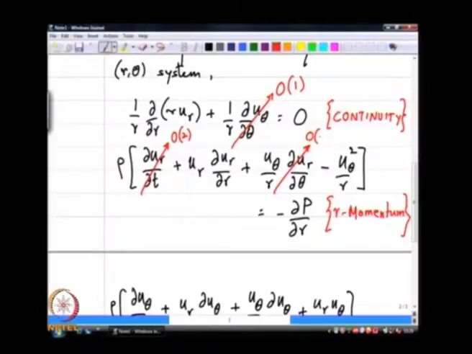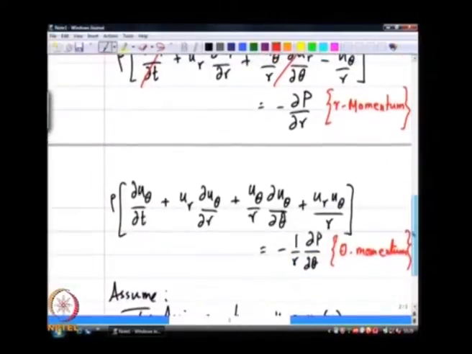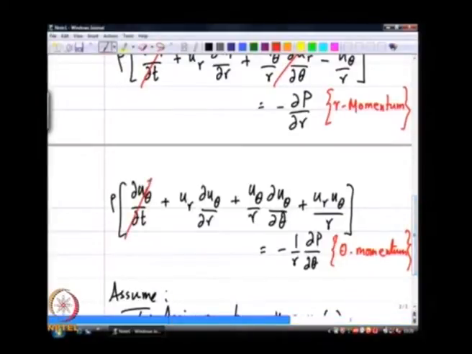Again, this is due to axis symmetry. This is due to the transient nature not being present. This is due to axis symmetry. As well, this is due to axis symmetry.